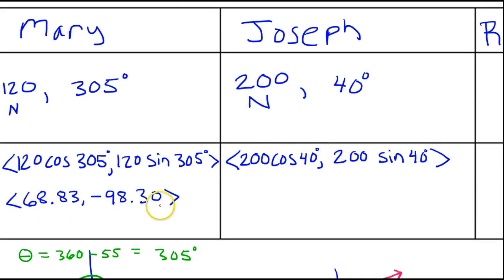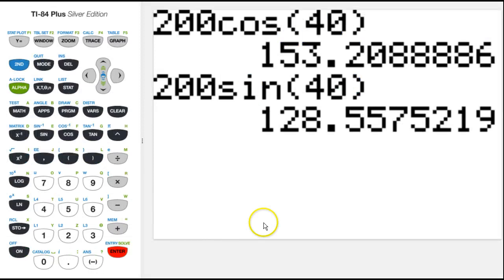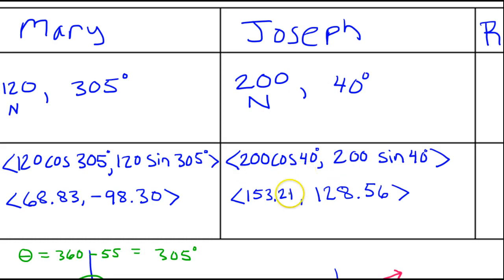So there I have the component form for Mary's force. Let's do the same thing with Joseph. So this is what I get for the components of Joseph if I type those expressions into my calculator. So when I look at the component form for Joseph's pull, it looks like this.